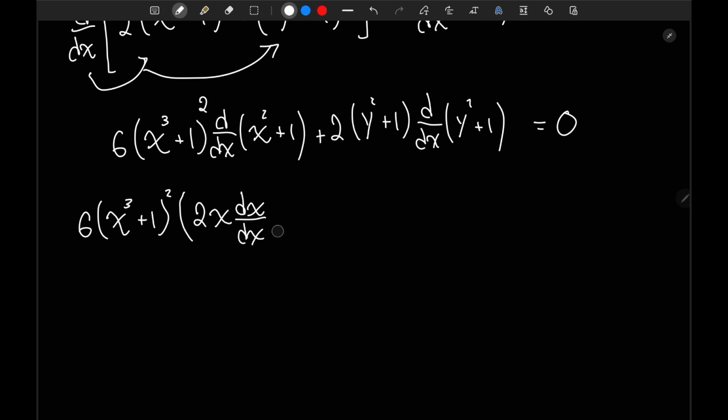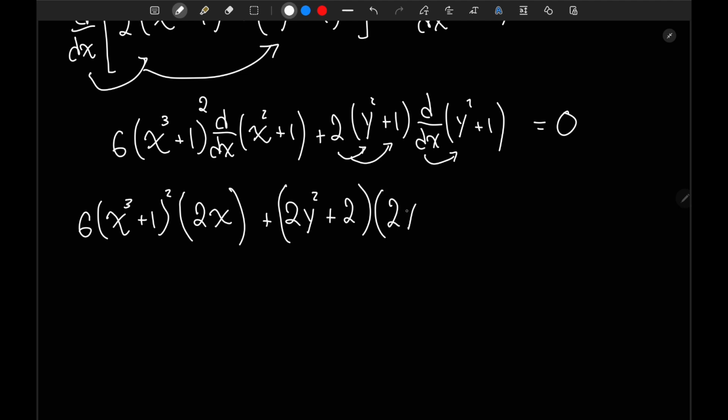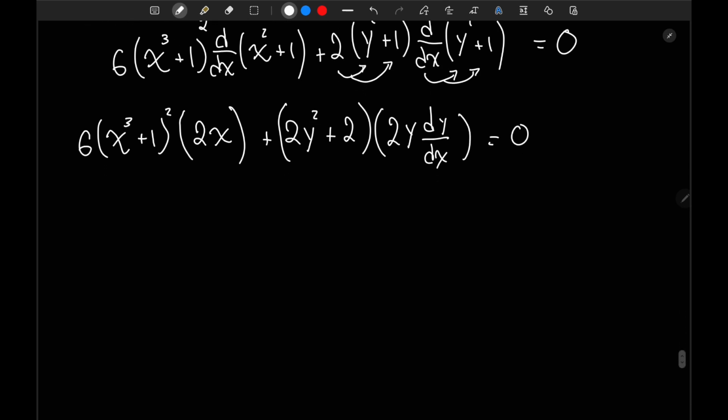So I'm just going to simplify this as just 2x, and then we're going to have plus, I'm going to factor in this 2 right away, 2y squared plus 2, and now this derivative, we're going to have 2y dy/dx plus 0, which is the derivative of the constant there. So I'm just going to write this as such.